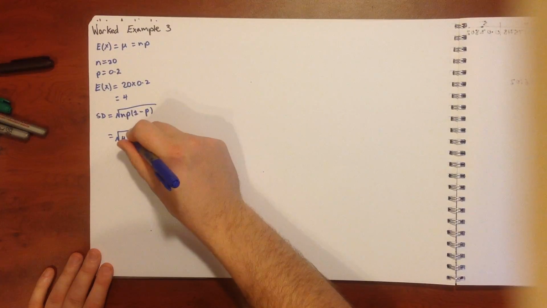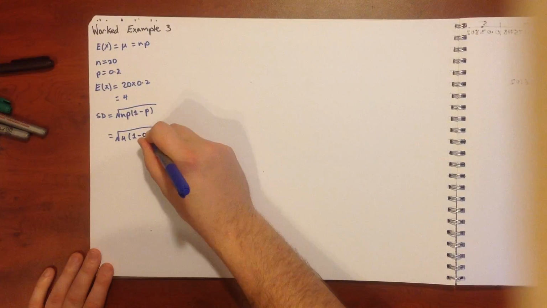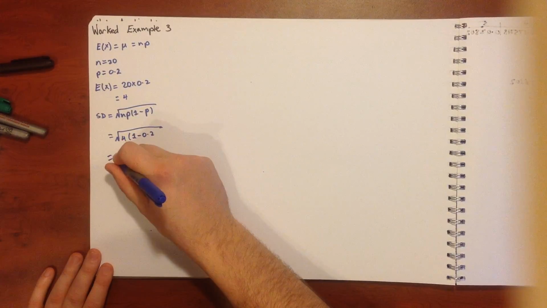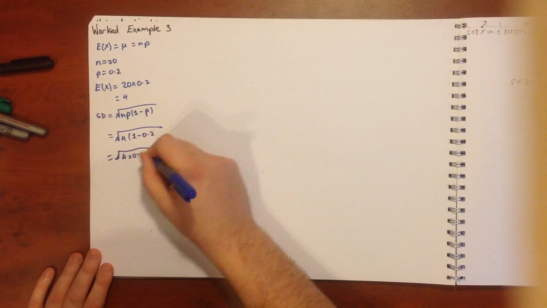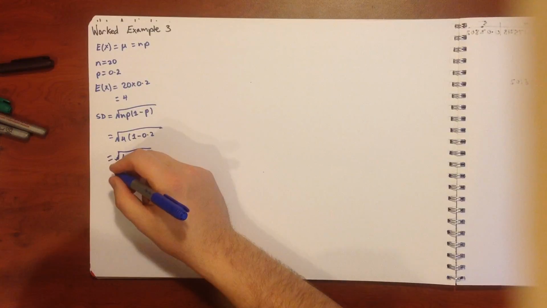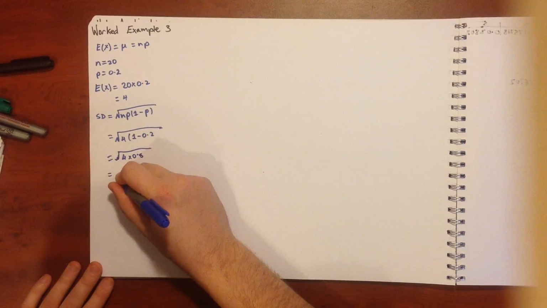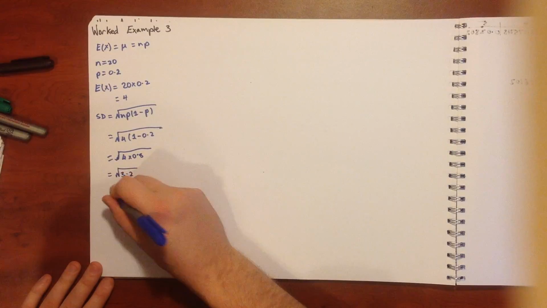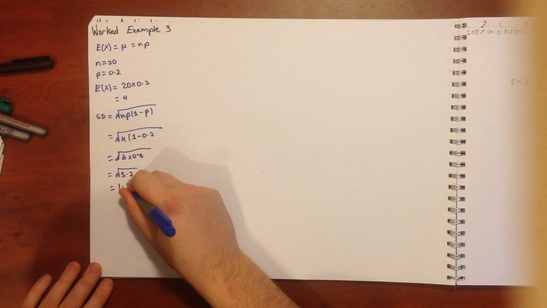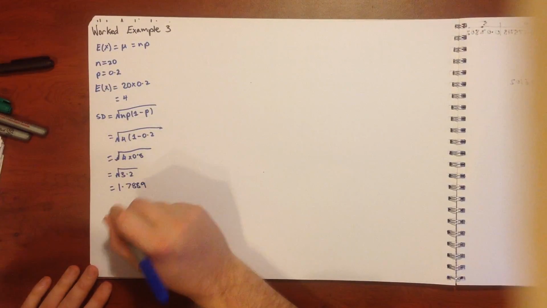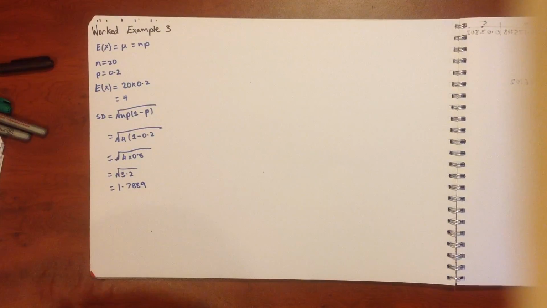So 4 times 1 minus the probability of success, which is 0.2. That means we're going to be the square root of 4 times 0.8. When we do that, we find that it's the square root of 3.2, which equals 1.7889. And so we're done for that part.